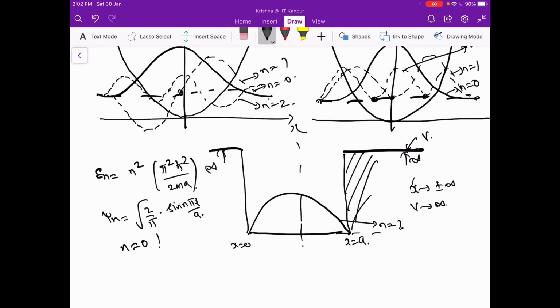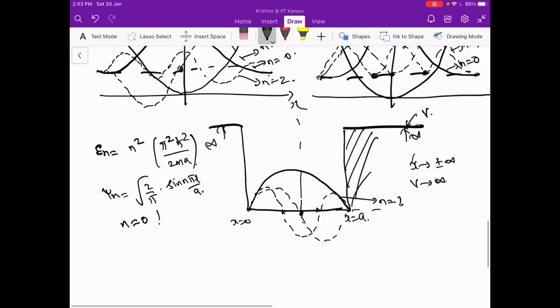The first excited state, n equal to 2, for square well potential should look like this, right? N equal to 3 should have something like this, and such, right? So it will have two nodes in this one. In n equal to 2, you have one node here, and so on and so forth.